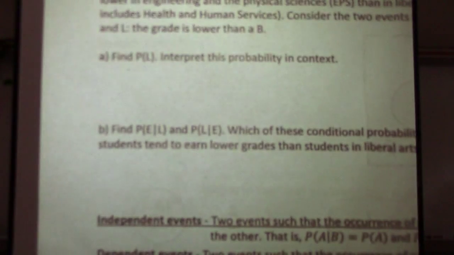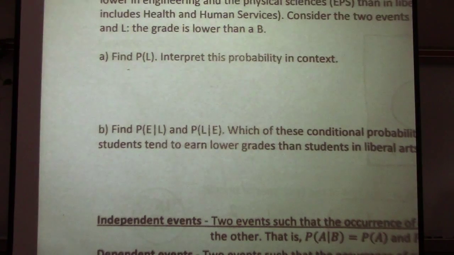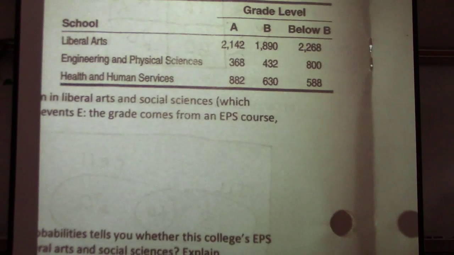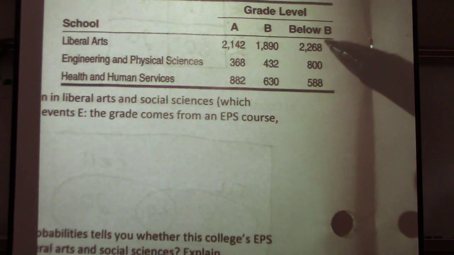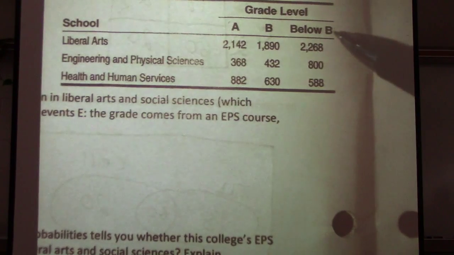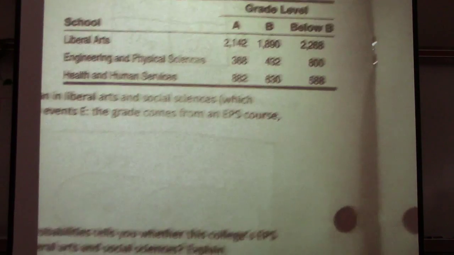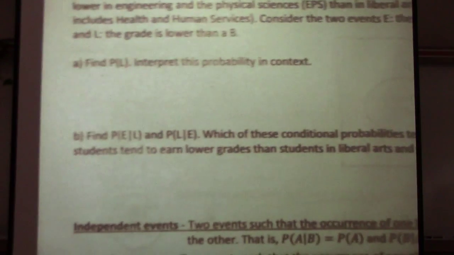Cool. So we have a two-way table, and we last worked with these in chapter 1. It starts off by saying, find the probability of L. So event L was the grade is lower than a B. Looking at this table, that would be this column right here. So we need the sum of all of these individuals over the total number of individuals.